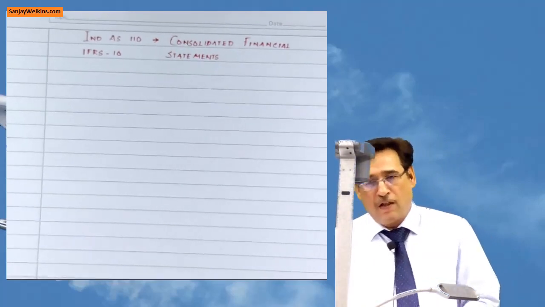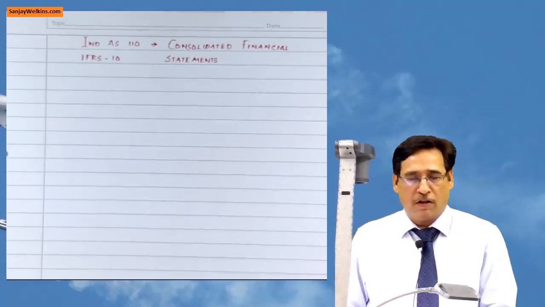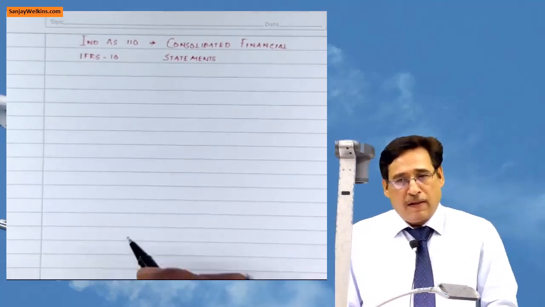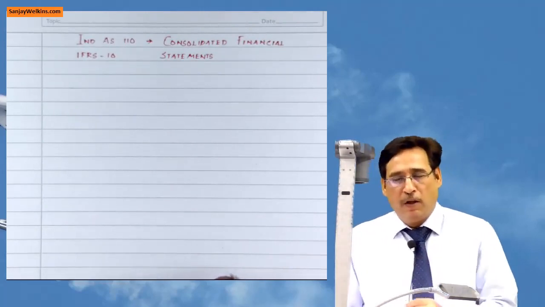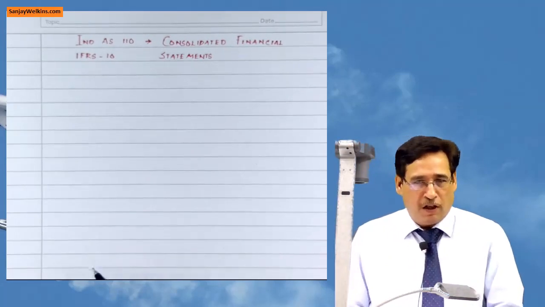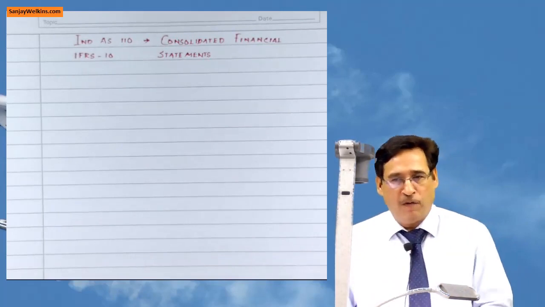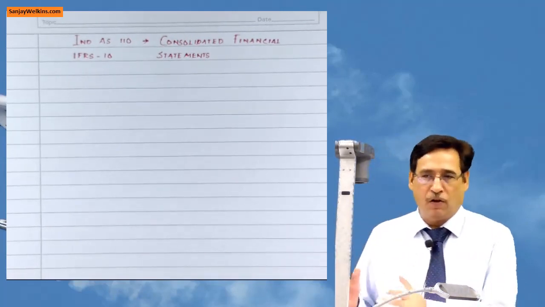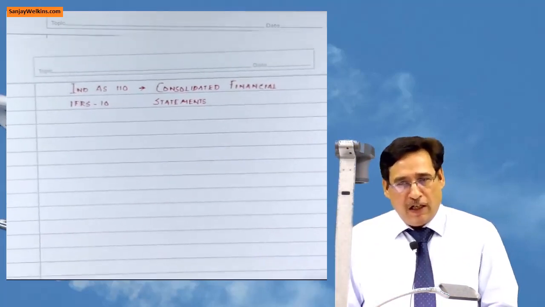So what exactly is the theme of Ind AS 110? Ind AS 110 provides the basic objective and some guidelines with respect to the preparation of the consolidated financial statement. That is one part of the entire spectrum of guidelines which this standard provides us. We will discuss all those guidelines one by one.